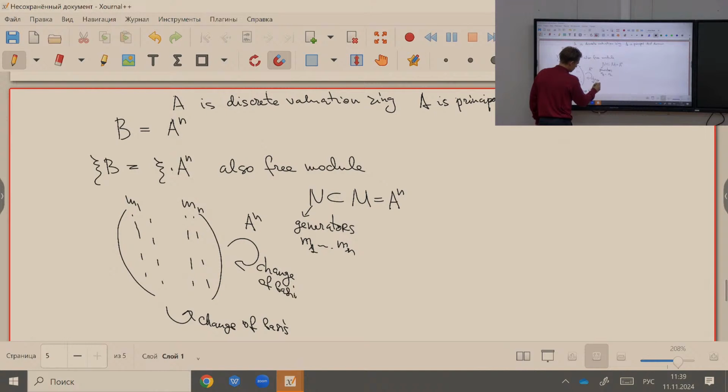So if you write down the elements in the matrix, you can add rows and add columns. Changing basis in A^n corresponds to changing rows by adding rows to each other, interchanging them, and subtracting one with a coefficient which is an element from A. And changing the columns corresponds to m_1, ..., m_n.